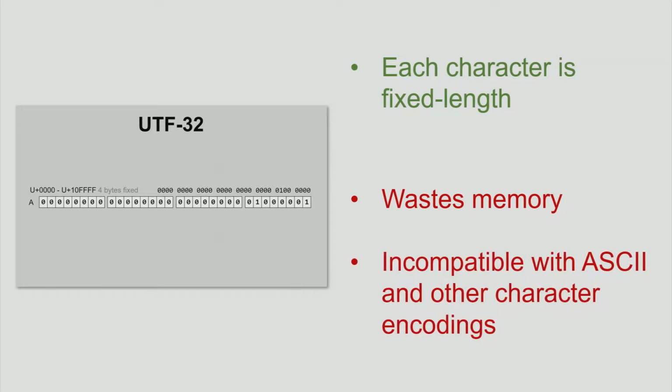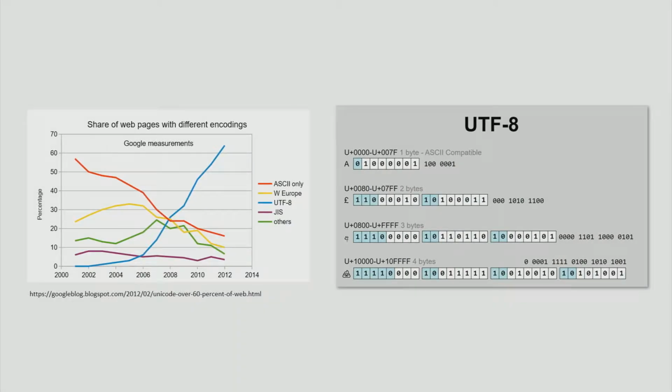So people started to use UTF-8, and you can see from the blue line the usage just goes up. The other ones are Western European, and GIS is a Japanese character encoding system, which still is being used in Japan for some reason, but the usage kind of goes up.